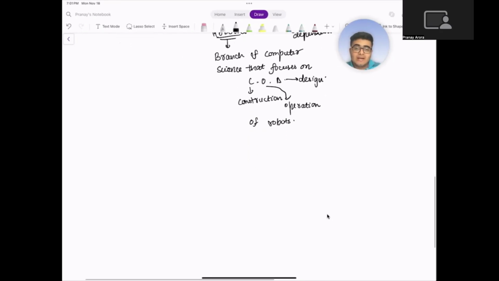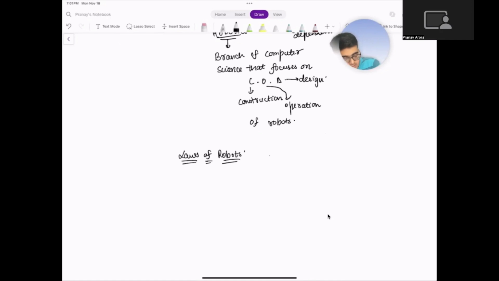Now, there is one very tricky part of this chapter, which talks about laws of robots versus characteristics of robots.